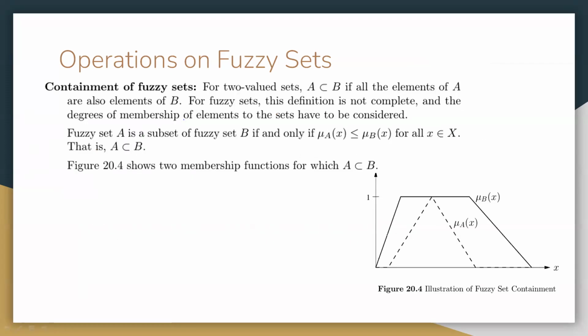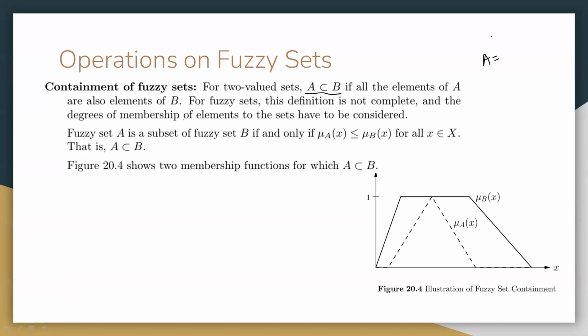Inclusion or containment. For a two-valued set, you can say A is a subset of B if all elements of A are also elements of B. Of course, for a crisp set, this is how we do it.